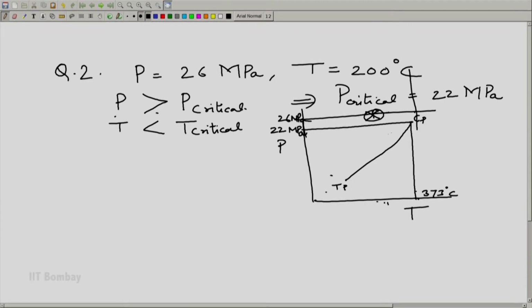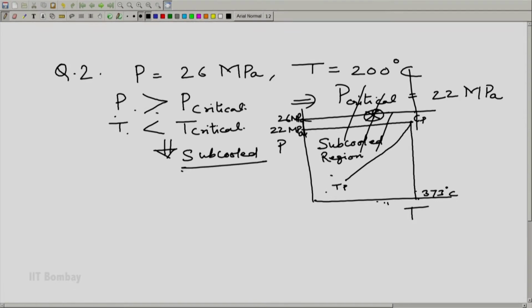From here therefore I can easily and straight away say that this is my subcooled region, or compressed liquid region. So one can get a feel directly from knowing that P is more than P critical and T is less than T critical. I know that it is in the subcooled region. So qualitatively, one can get this answer directly.